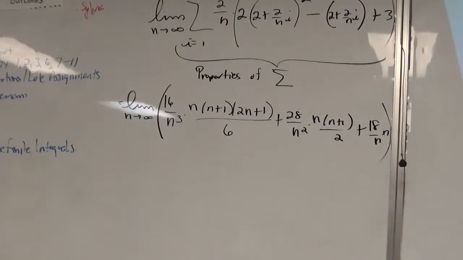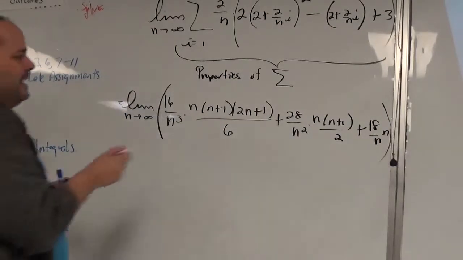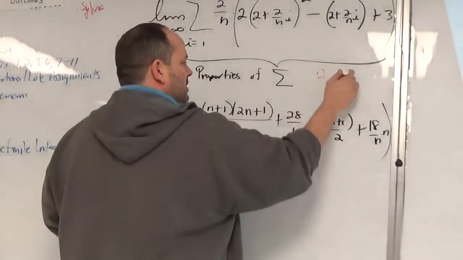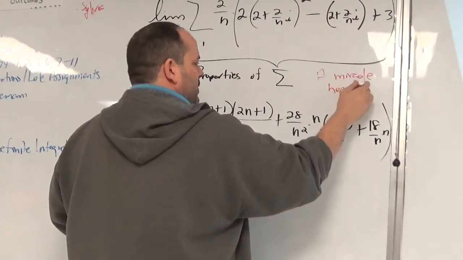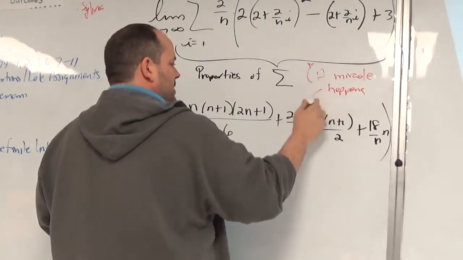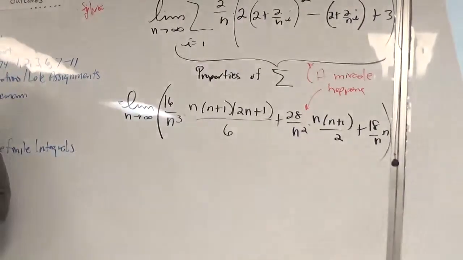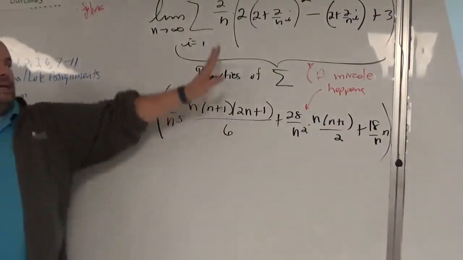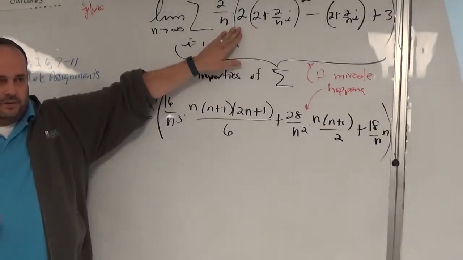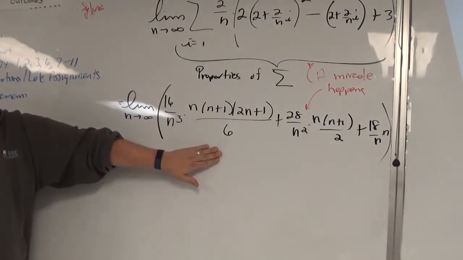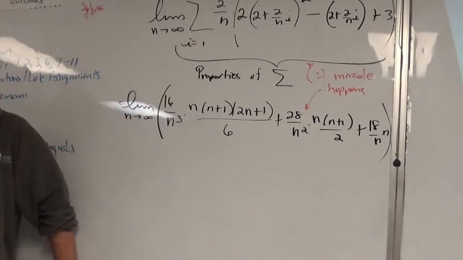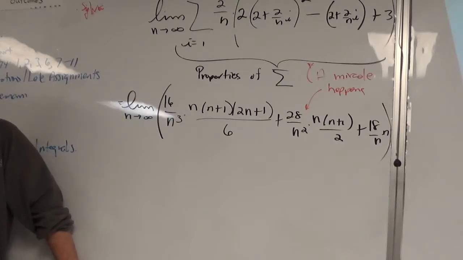If in your notes you just want to say a miracle happens, that's kind of what happens going from here down to here. If you knew properties of sigma notation, and we do not, you would be able to get here. Are we going to? Nope. Not even if you were in the Calculus BC program.